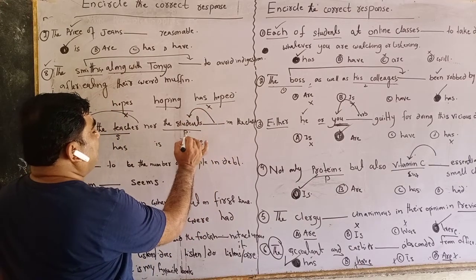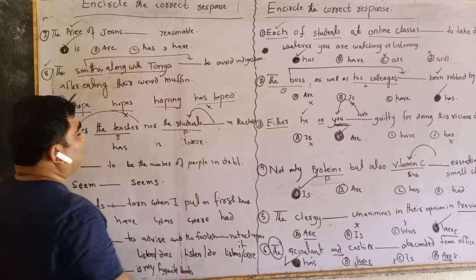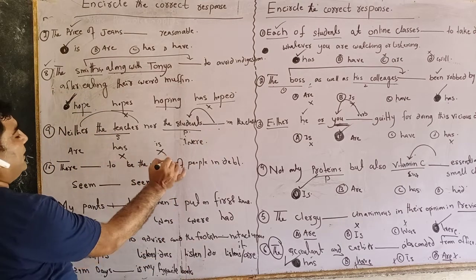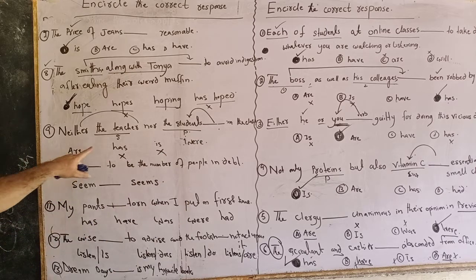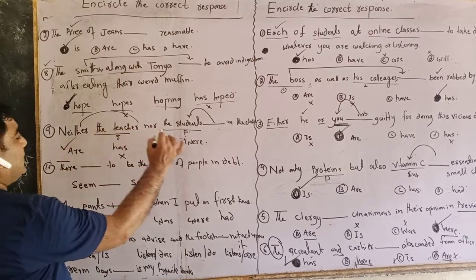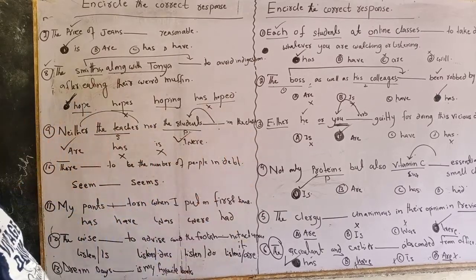So students, as a plural subject, would agree with this one. Now plural would agree, so has and is are ruled out. Now we have are and were: neither the teacher nor the students were in the class, or are in the class. Both are right. Both can be right in this way.